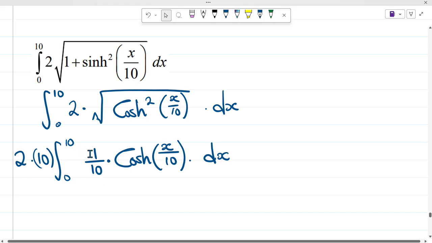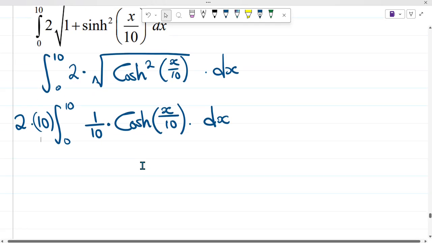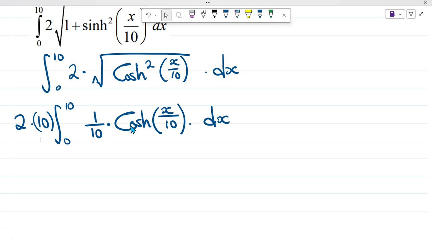So now when I have the derivative of the argument and this hyperbolic function, I just ask myself, what was differentiated to get positive hyperbolic cos? I know that is just the hyperbolic sine. So this is going to be hyperbolic sine of x over 10.